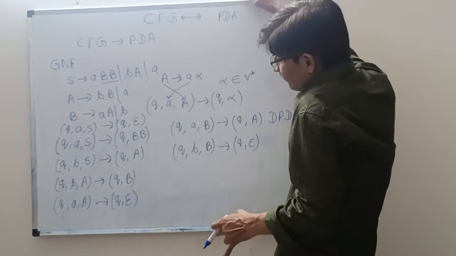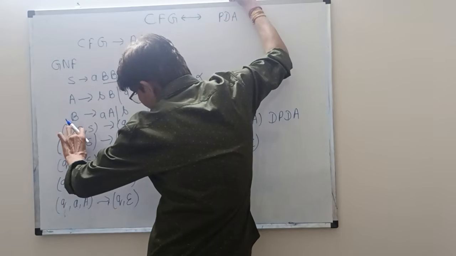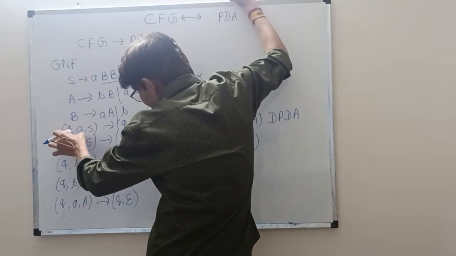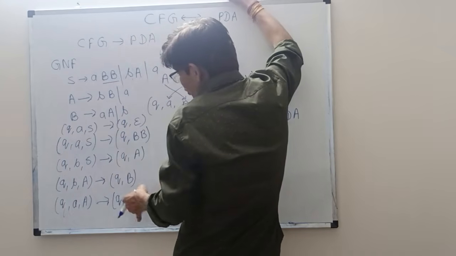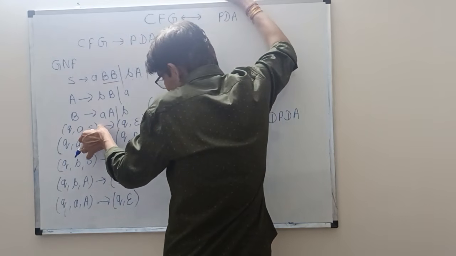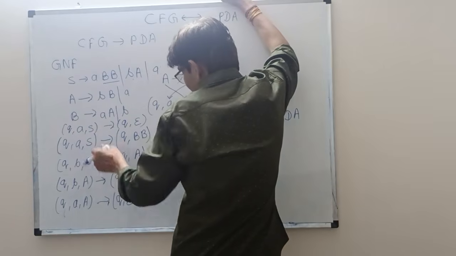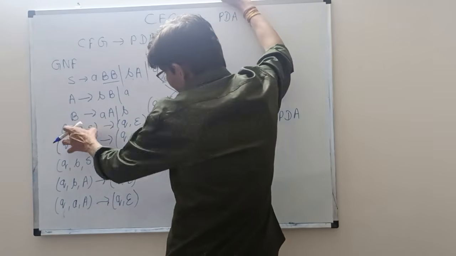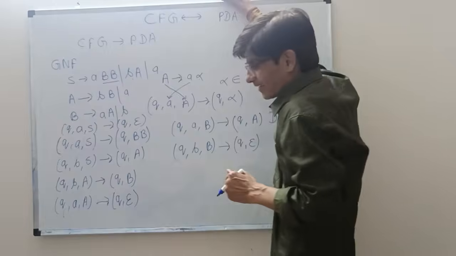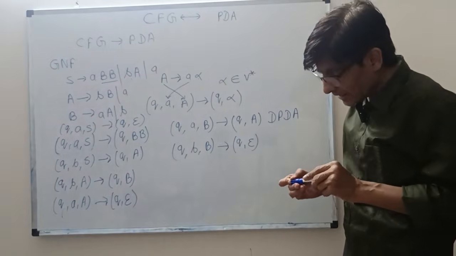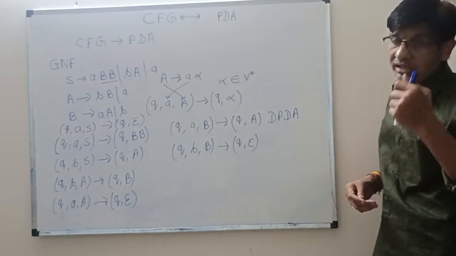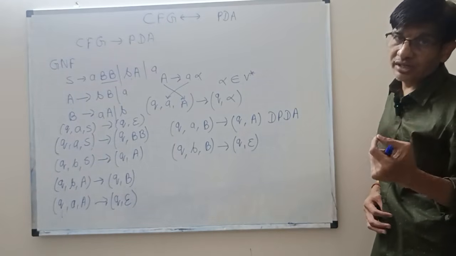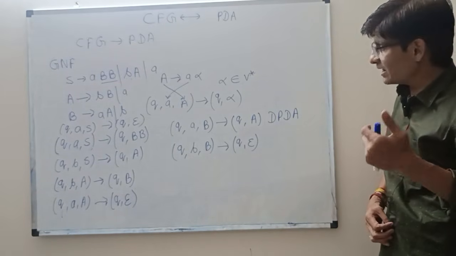So now we have two transitions for the same combination Q, A, S. This is one kind of NPDA. Whenever you have two productions starting from the same symbol, the corresponding PDA would be an NPDA.